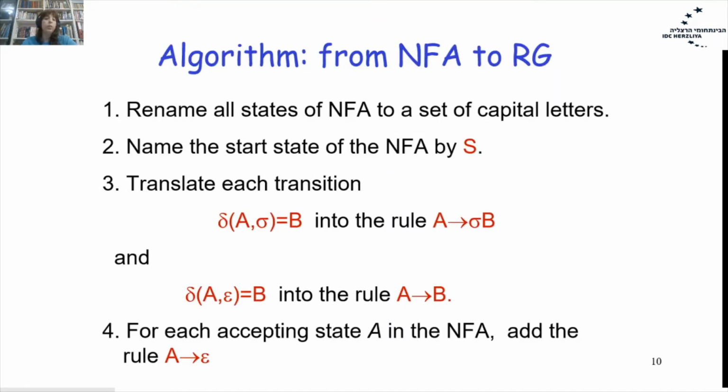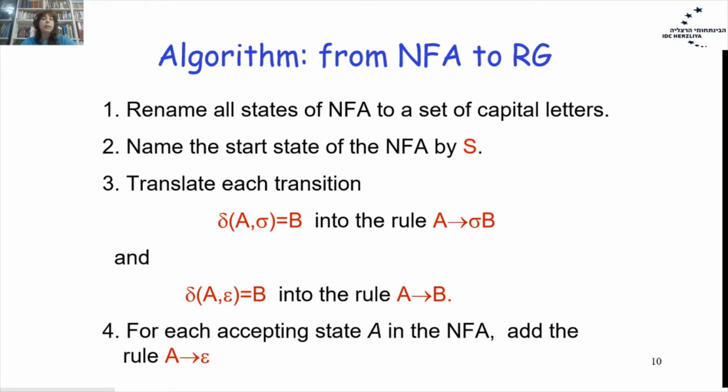The algorithm to convert an NFA to a regular grammar is the following. We will rename all states of the NFA to a set of capital letters, usually initial letters of the Latin alphabet.